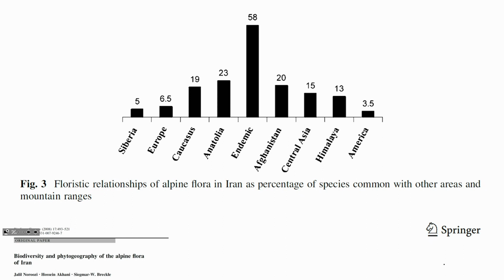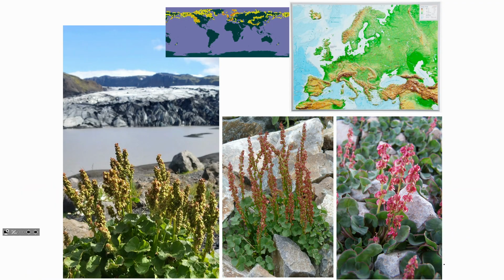Interestingly, you can see that there are only 6.5% common species between Iranian alpine and European alpine species. But the closest ones are Anatolia and the Caucasus in the west, and Afghanistan and Central Asia in the east.